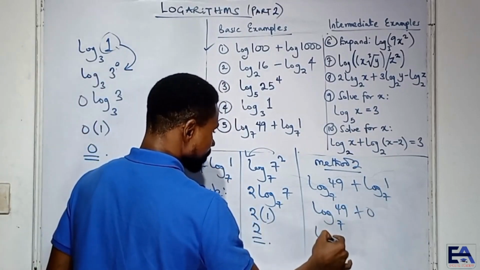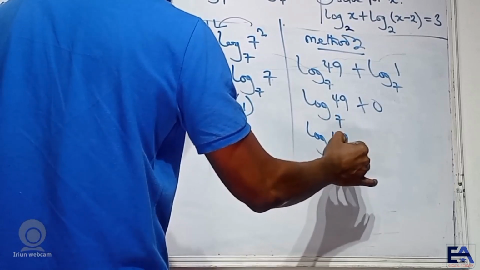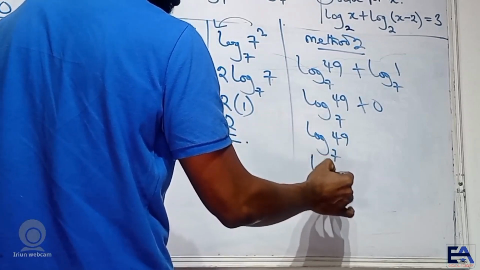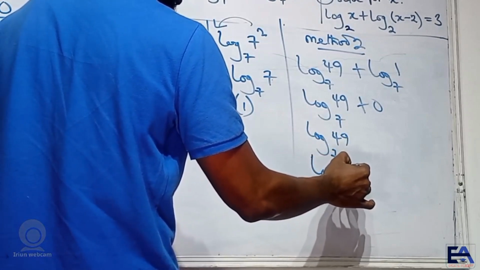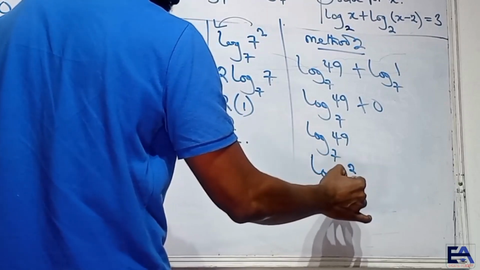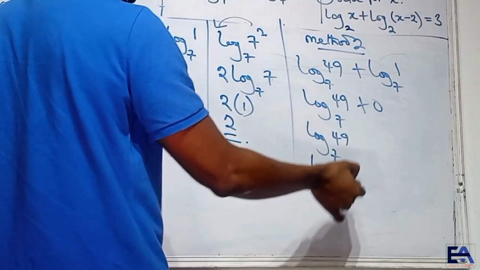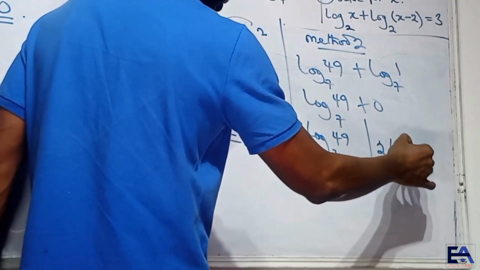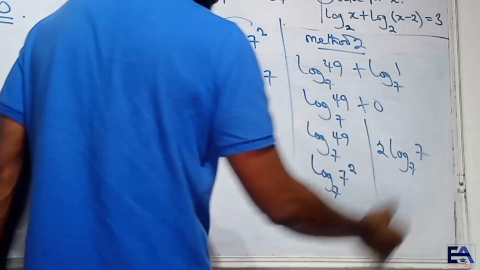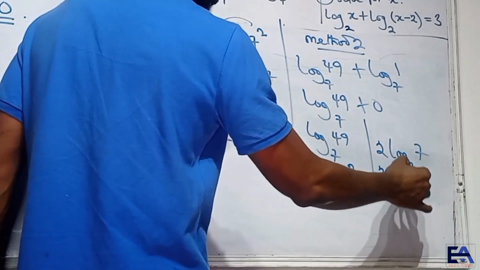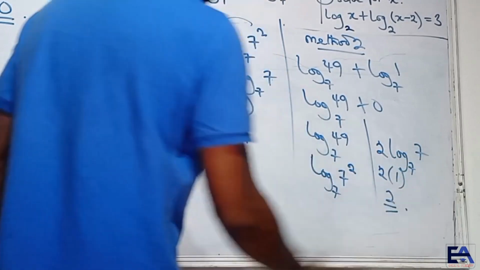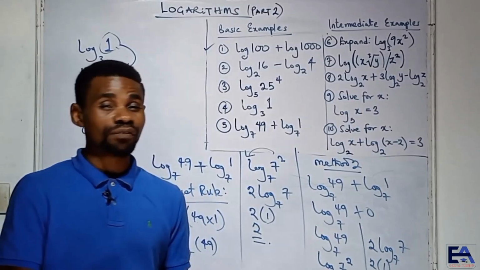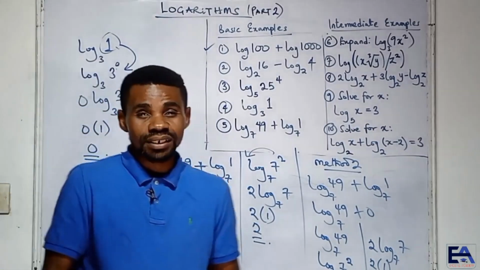At the end, it simplifies to logarithm of 49 to base 7, which means logarithm of 7 raised to power 2 to base 7, because 7 times 7 is 49. Then you apply the power rule. It becomes 2 log 7 to base 7. At the end of the day, it becomes 2 times 1. Then the final answer is 2. So regardless of the method you use, you still get the same answer. You just need to be very familiar with the rules, and then you are good to go.